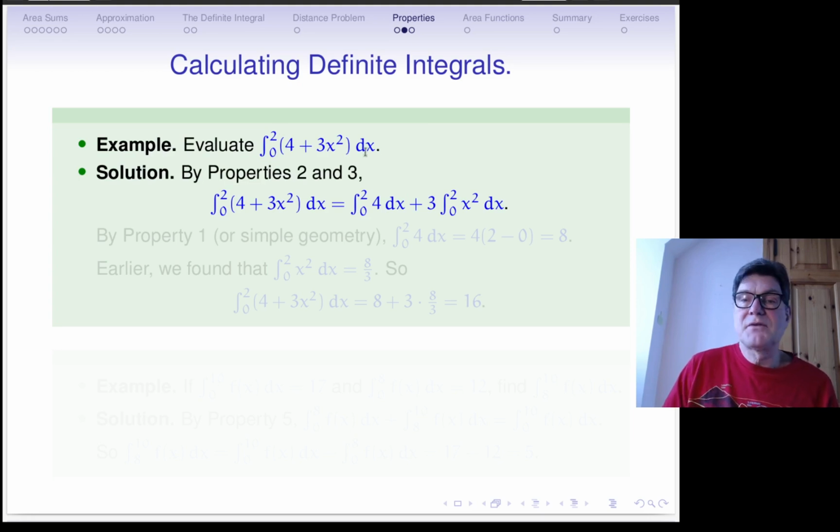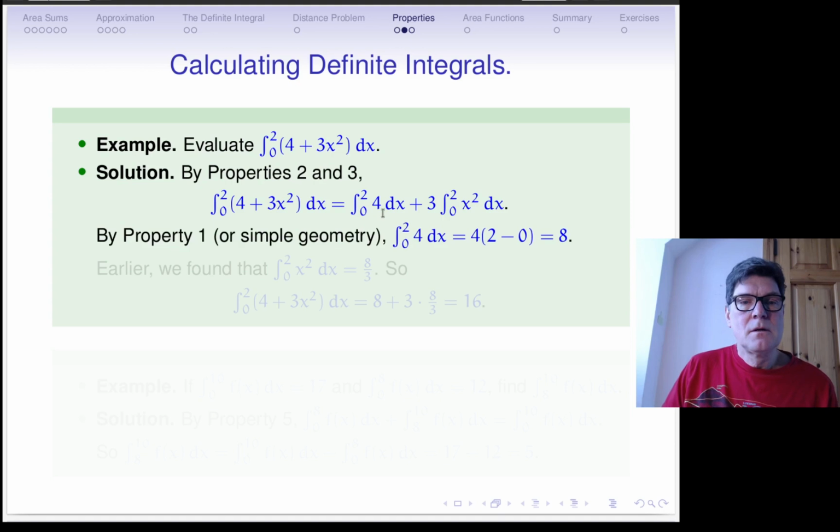4 plus 3x squared obviously is a sum, so the integral over the sum is the sum of the two integrals. The integral over 3x squared: 3x squared is the 3 multiple of x squared, so I can write this as 3 times the integral from 0 to 2 of x squared. And then property 1, this is the constant function integral, constant function area from 0 to 2.